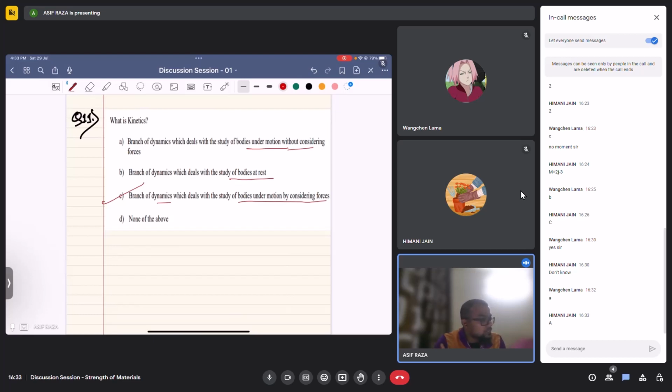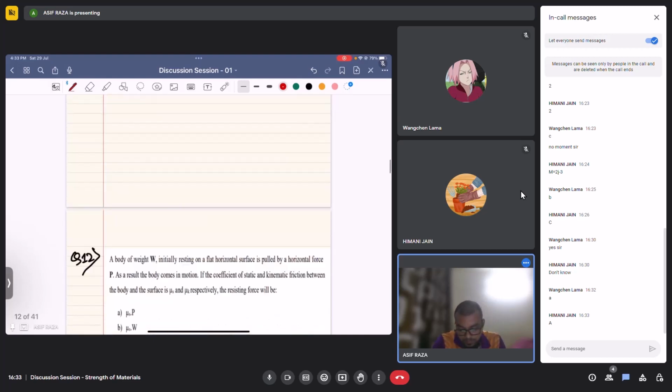We consider forces. Then only you would be able to study the motion. Otherwise, it would have been statics.